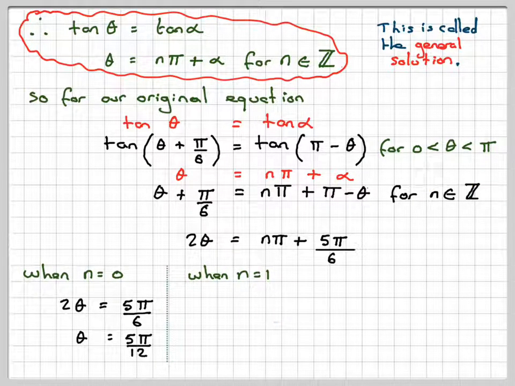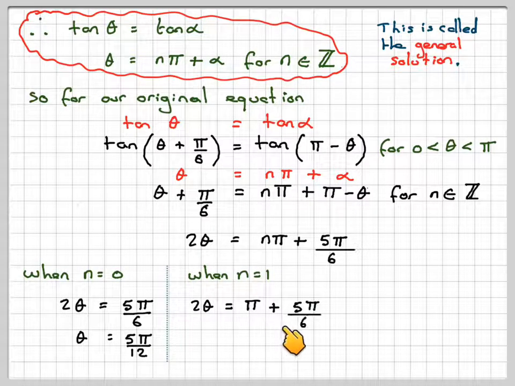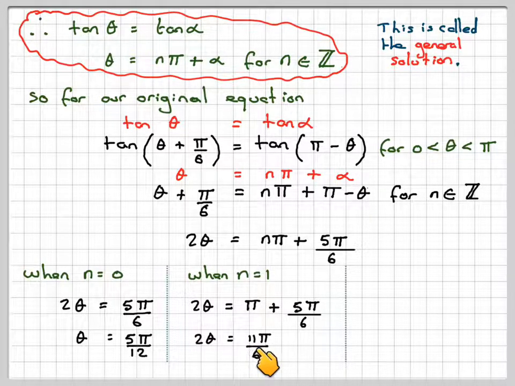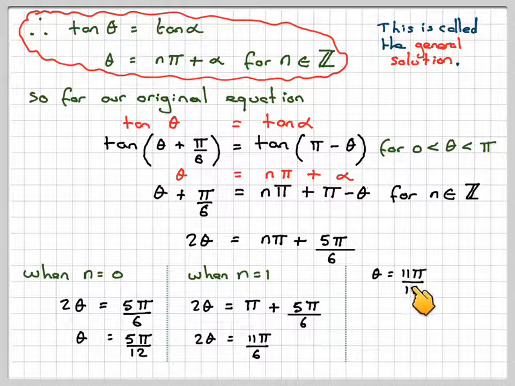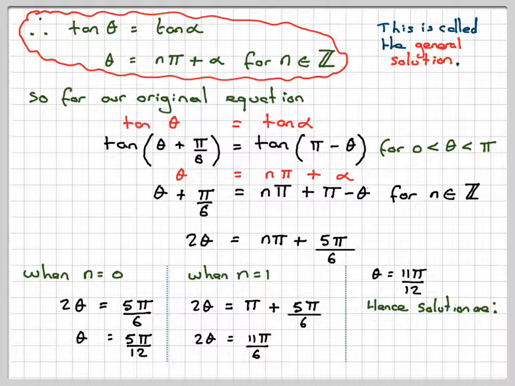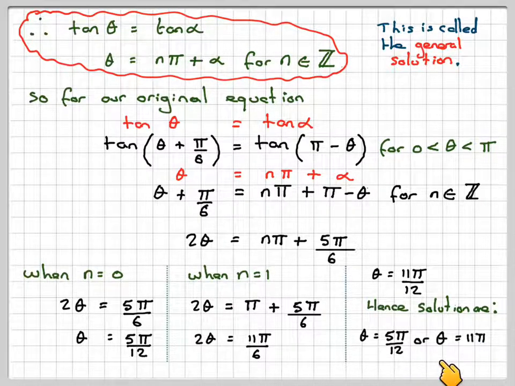When n is equal to 1, we're going to get that 2 theta is pi plus 5 pi/6, which is 11 pi/6. And then dividing by 2, theta is 11 pi/12. Hence, there are two solutions, because 11 pi/12 is less than pi. The solutions are theta = 5 pi/12 or theta = 11 pi/12.